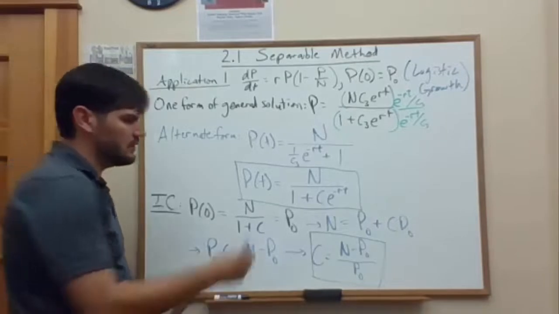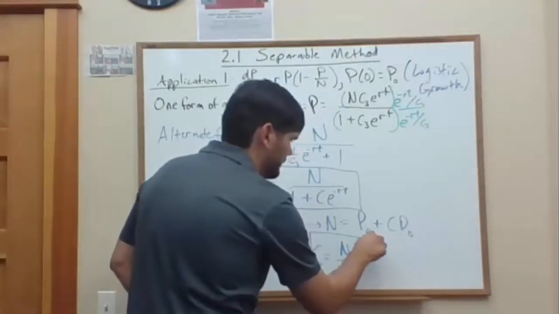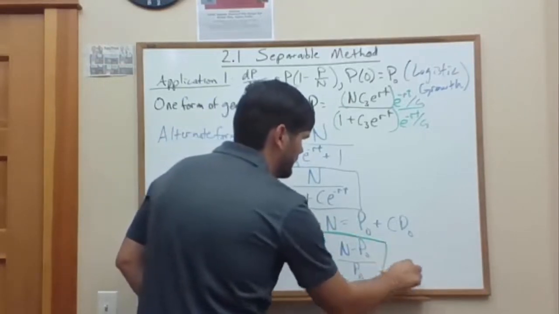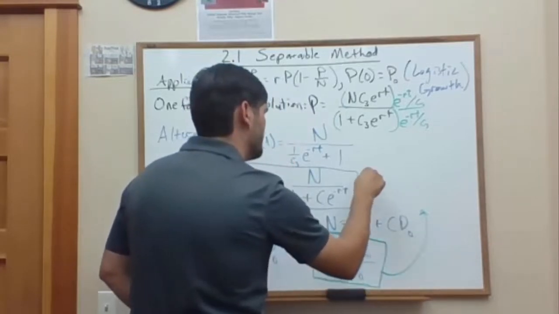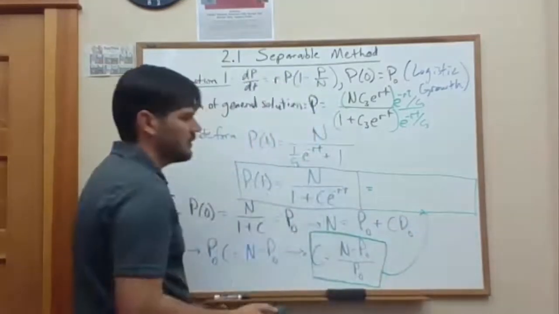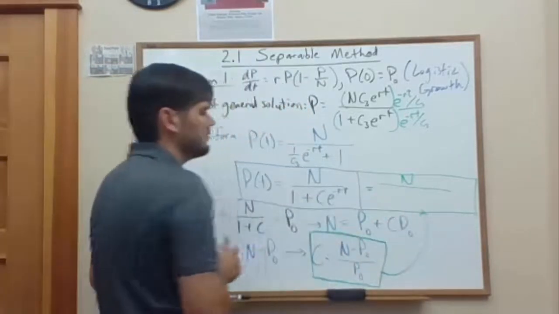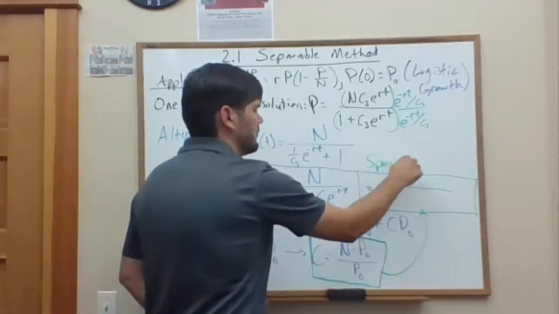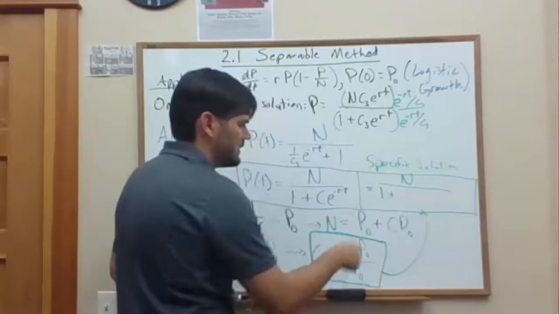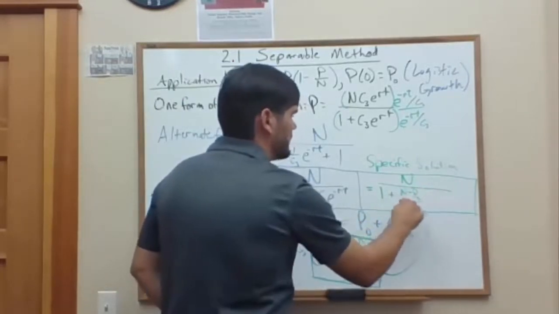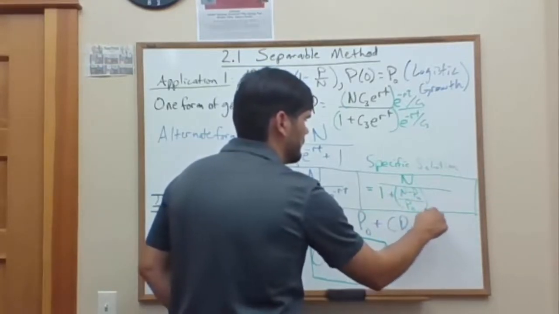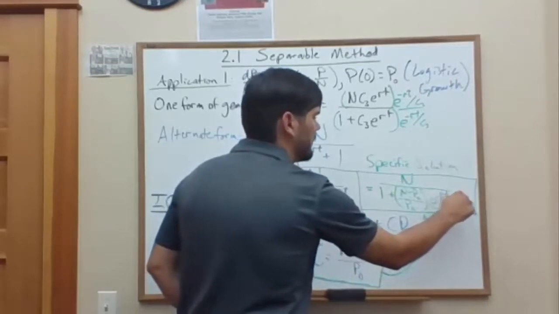Now, if we combine those two things together, we get our specific solution of N over 1 plus N minus P naught over P naught times e to the negative rt.